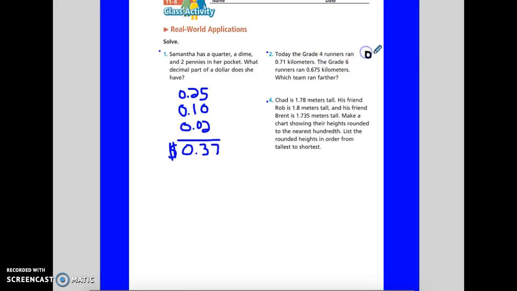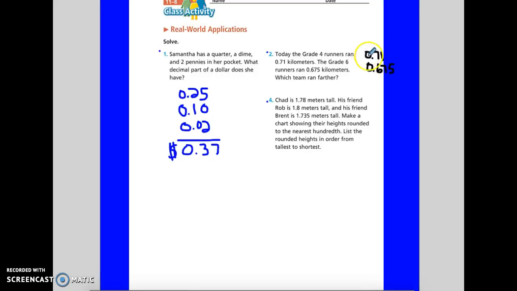So I'm going to go ahead and write 0.71, 71 hundredths, and 0.675, 675 thousandths. And then we go ahead and check each one.